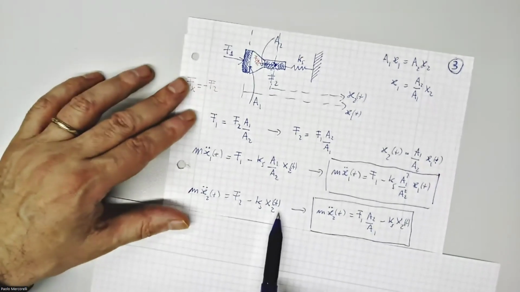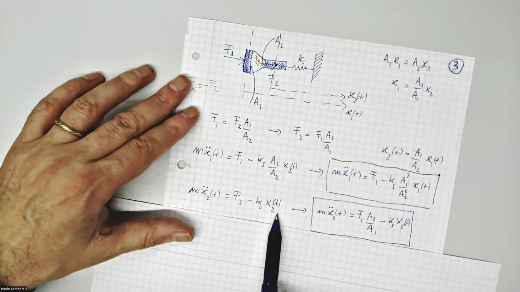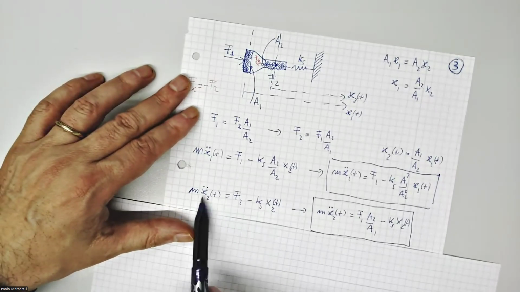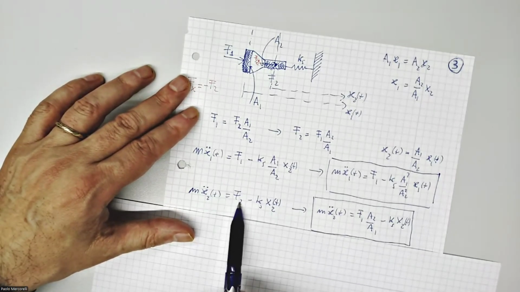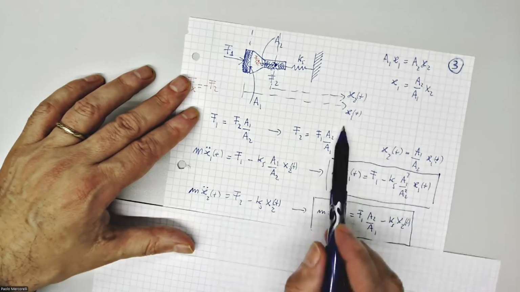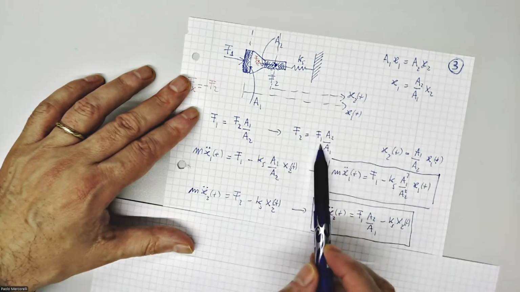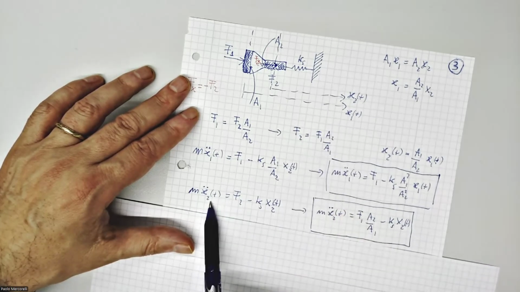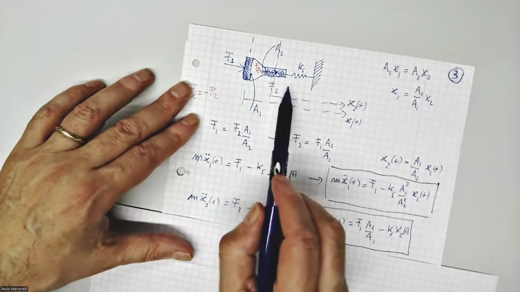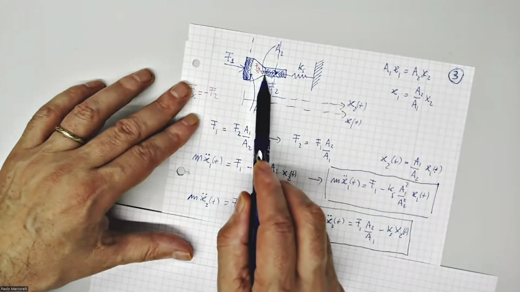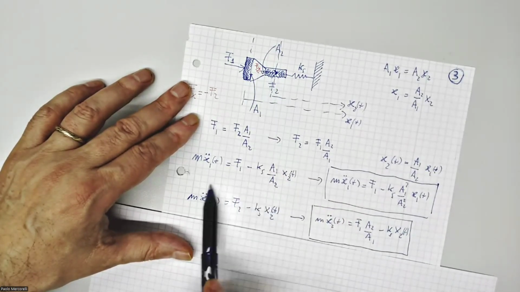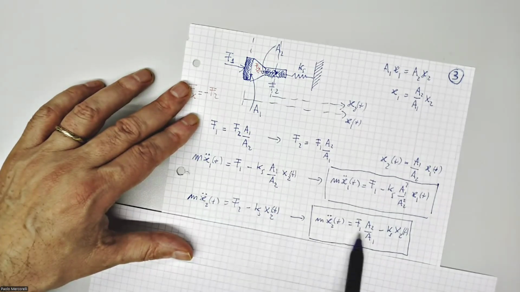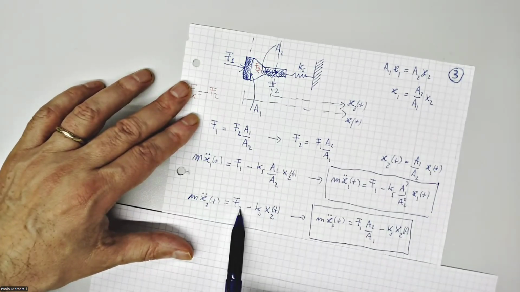Let me look at this. This is relatively easy because I have just to transform F2, which is this one, on the point 2, which is basically here. It means here, no doubts. This is enough to transform the force.